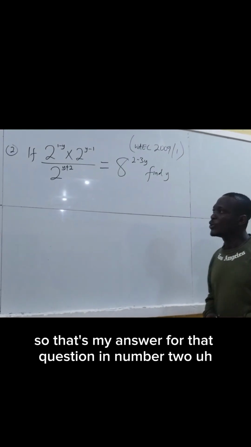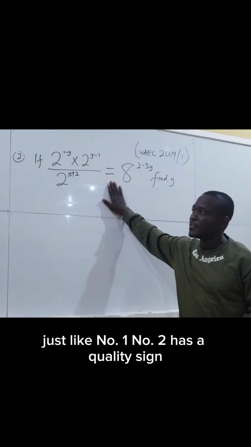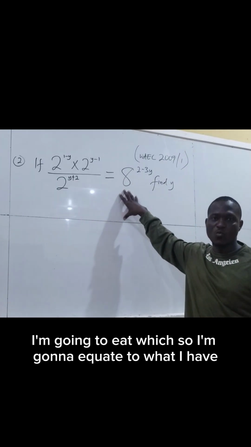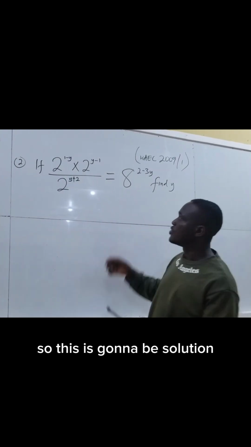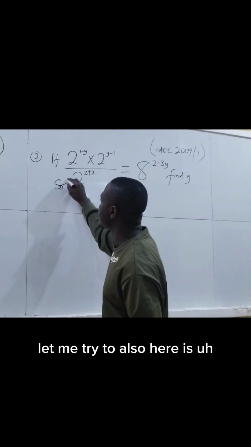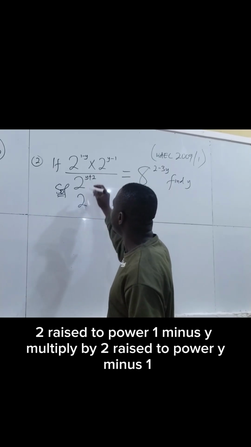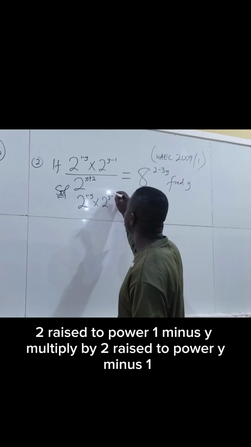In number 2, just like number 2 has an equality sign, but number 1 does not have an equality sign. So in this case, I'm going to equate. This is going to be the solution. Here is 2 raised to power 1 minus y multiplied by 2 raised to power y minus 1.